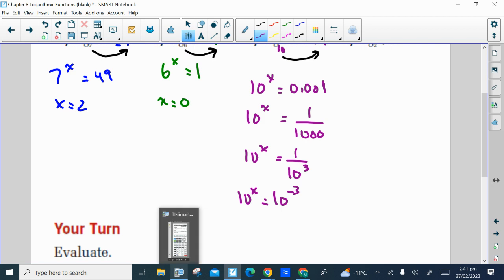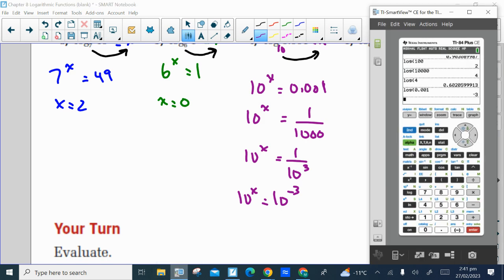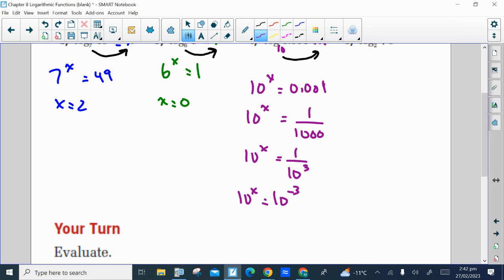That's the answer we got, -3, but that's why. We did it on our calculator, and then we did it by solving the exponential equation. So you see where that answer of -3 comes from. It's asking: 10 to what power is 0.001, or 10 to what power is 1 over 1,000?